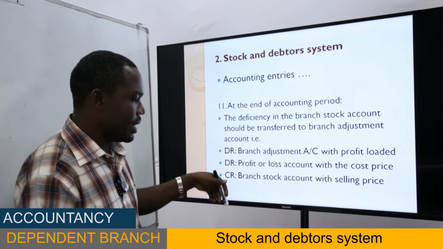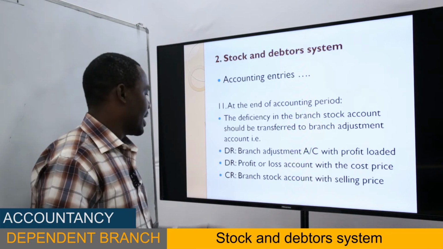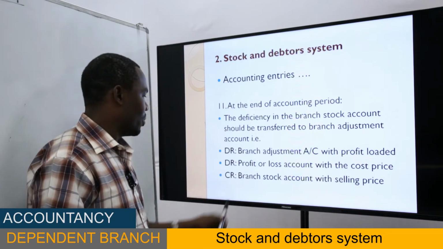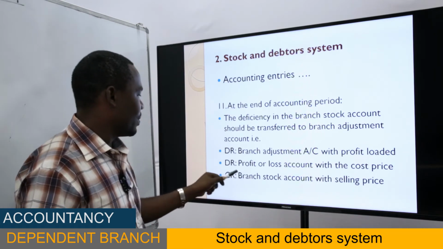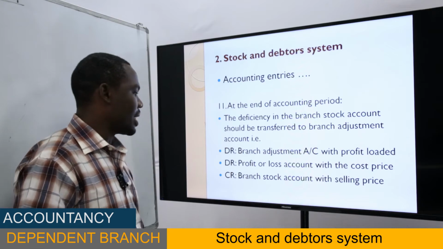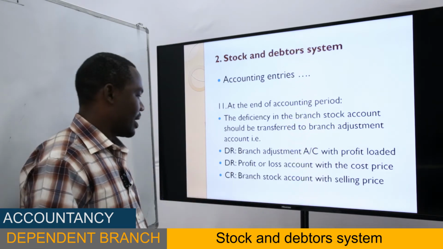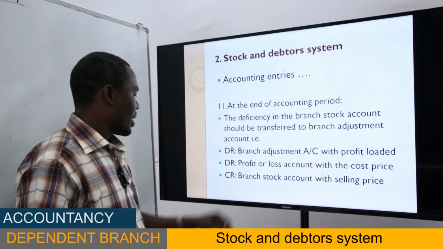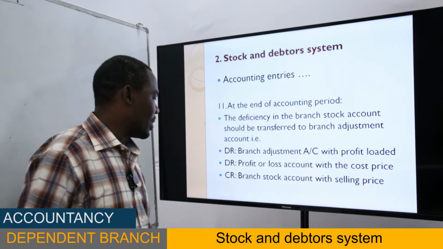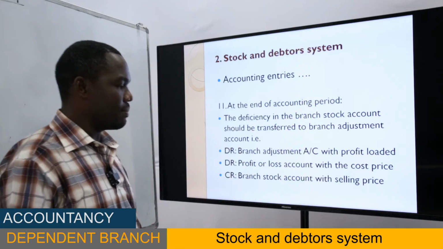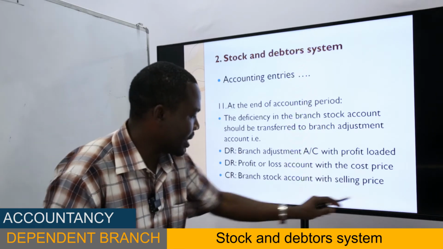If these deficiencies include the cost element, then the entry will be posted to profit or loss account with the cost price. And automatically, the total will be credited to the branch stock account at selling price. So this will be the total deficiency.